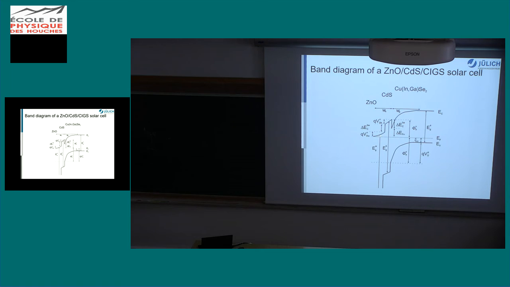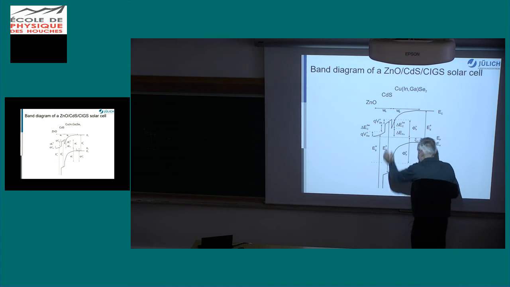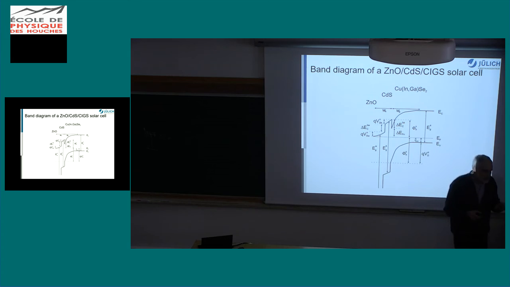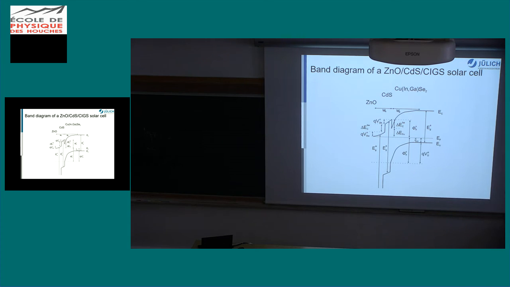So that's fine. It would be sufficient to have a zinc oxide on a copper indium gallium selenide, and everything would be okay. But that's something that we often have; also tomorrow you will see in the heterojunction solar cell you have the same thing. There's often a very thin layer in between that has multiple functions.